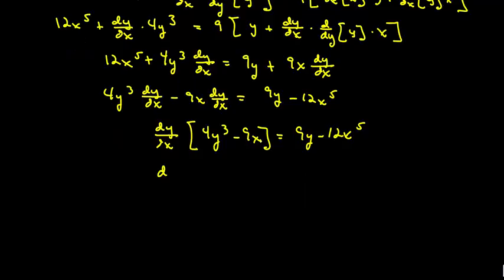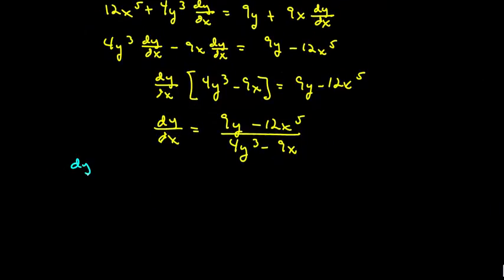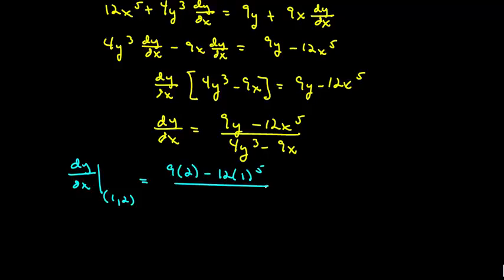And then we'll divide through by this thing, so dy/dx will be equal to 9y minus 12x to the fifth over 4y to the third minus 9x. Now what we need to do is evaluate dy/dx at the point (1, 2). So that'll be 9 times 2 minus 12 times 1 to the fifth over 4 times 2 to the third minus 9 times 1.